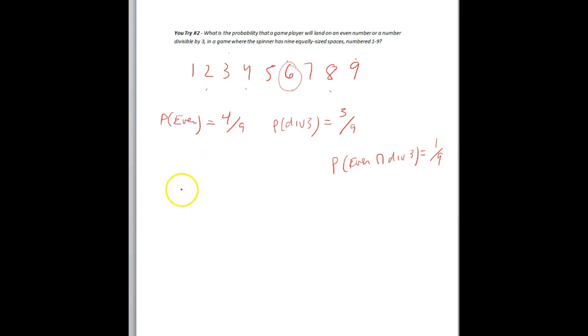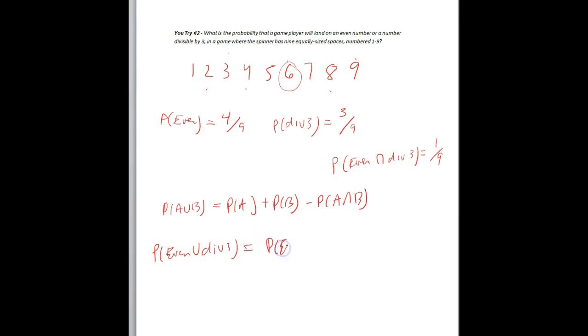So now we can apply this to our formula, right? The probability of A union B is equal to the probability of A plus the probability of B, the same one that we've been using, minus the probability of A intersect B. Our A and B are evens and divisible by 3. So the probability of even or divisible by 3 is equal to the probability of even plus the probability of div 3, minus the probability that it's even and divisible by 3.